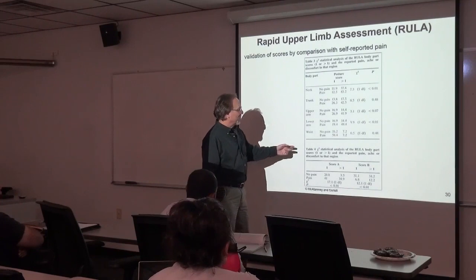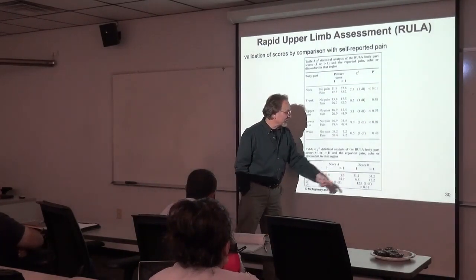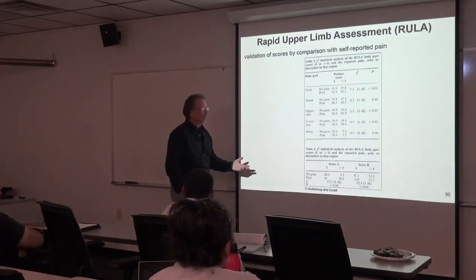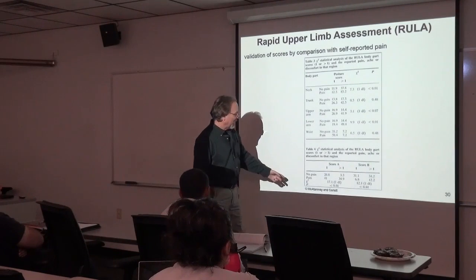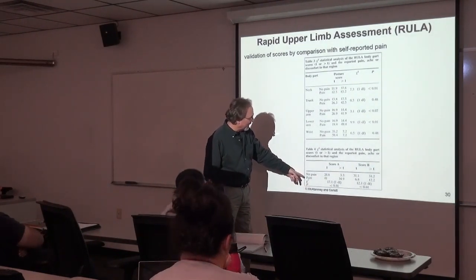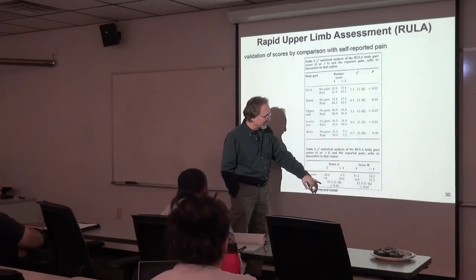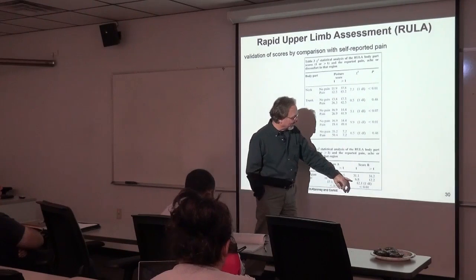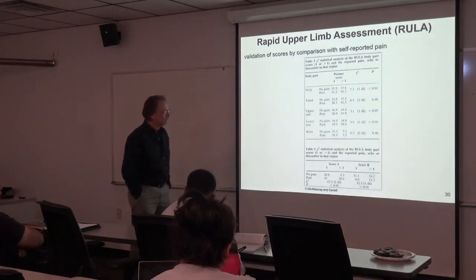Here, they took not just the individual scores, they took score A and score B. None of them, as far as I know, looked at the grand score, interestingly enough. But they looked at score A and score B and found that there was a significant relationship: if you have pain, you're more likely to score greater than 1, significantly so, and you're more likely to have a score B greater than 1 if you are exhibiting pain.